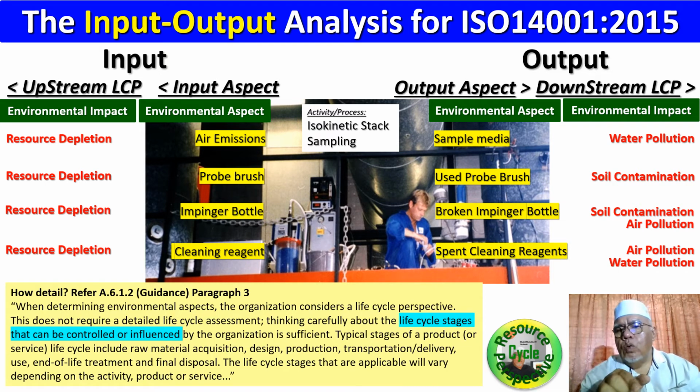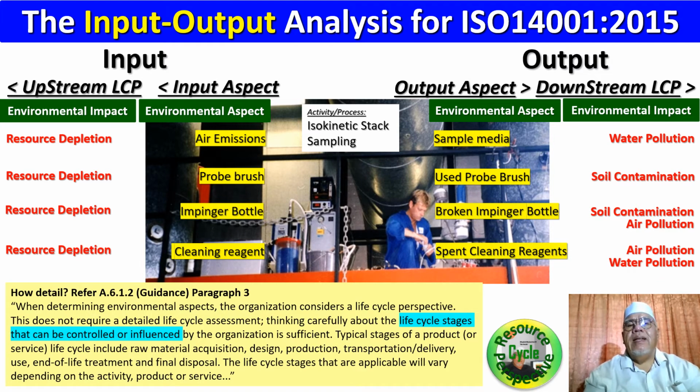Therefore, all the environmental aspects during this activity for the factory are environmental aspects released or involved in abnormal situation, not emergency, not normal. But for the isokinetic stack sampling company, it will be a normal situation for them, but not for this factory. I hope you're able to understand that.